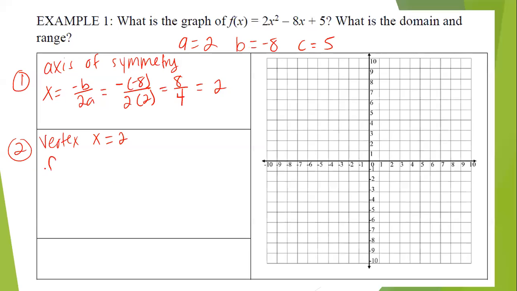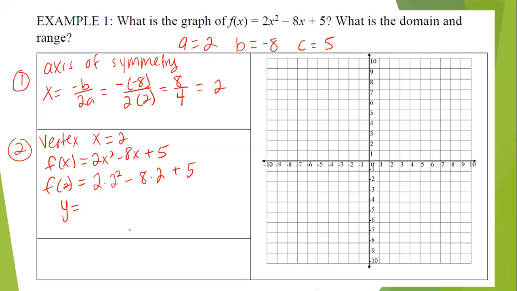So we're going to be using f of x equals 2x squared minus 8x plus 5, but instead of x, we're using 2. Everywhere that there's an x, we're going to put a 2. So we have 2 times 2 squared minus 8 times 2 plus 5. And what this is going to do is tell me my y value of my vertex.